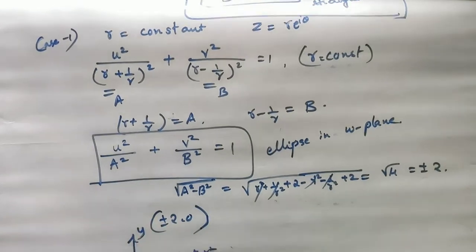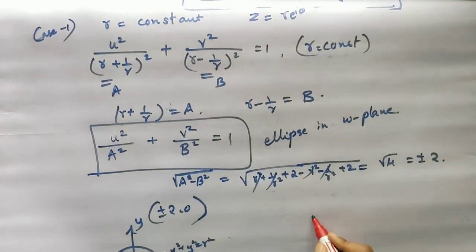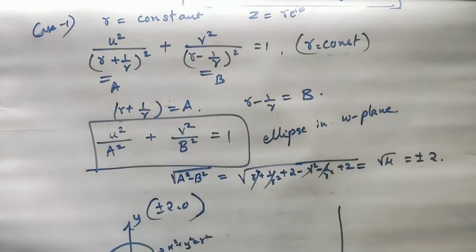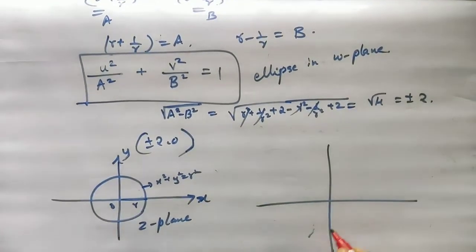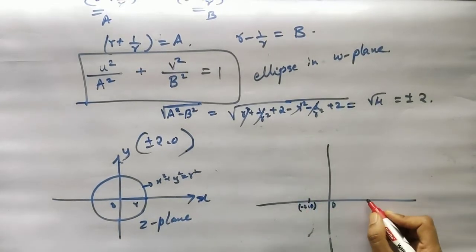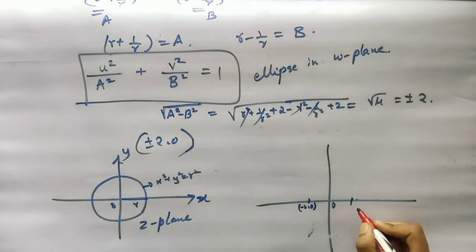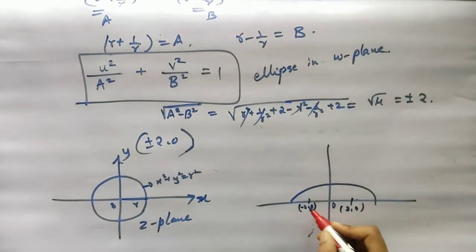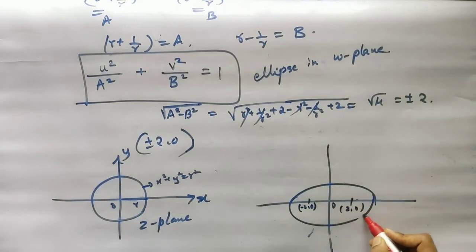Now similarly, the image of this in the W plane under this transformation, let me draw that. Since it is the ellipse, with foci at minus 2 comma 0 and here it is 2 comma 0, let's draw the ellipse. Yes or no?